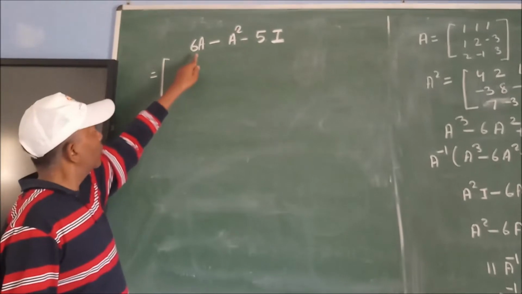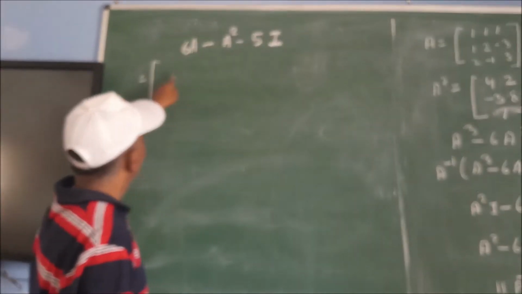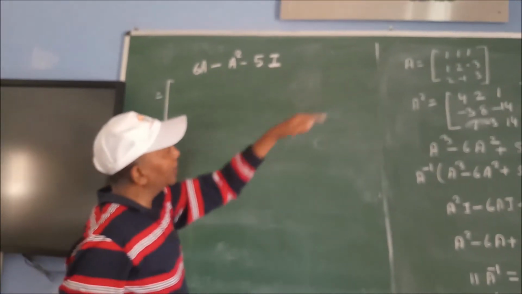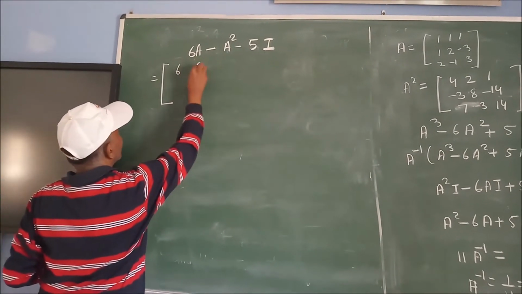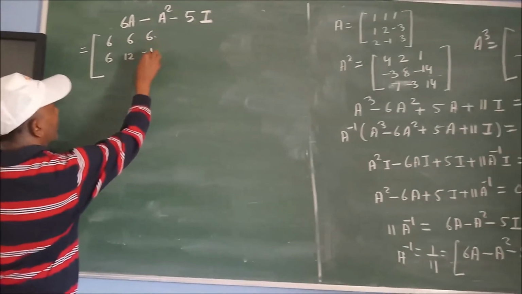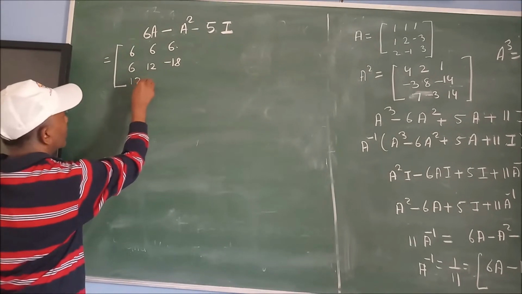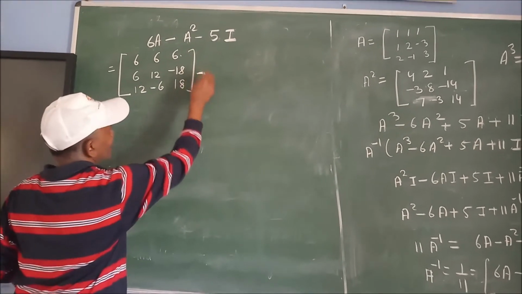Now we calculate the value of 6A minus A square minus 5I. A is given here, so multiply all elements with 6. So this will be equal to 12 minus 18, 12 minus 6 and 18 minus A square.